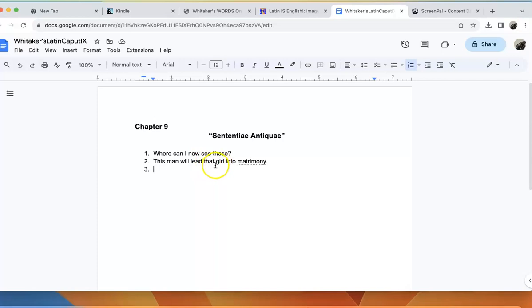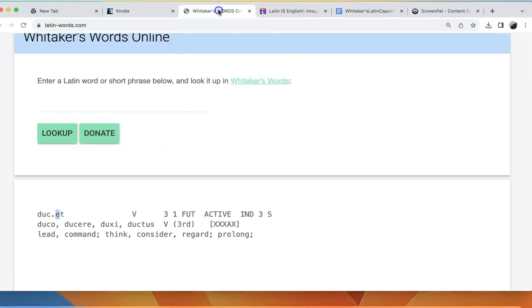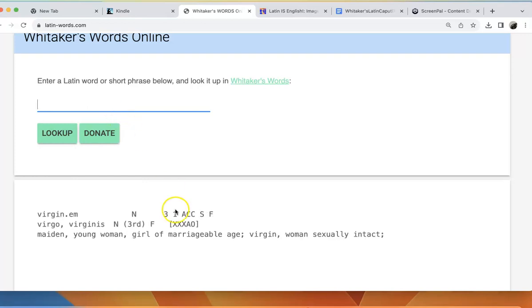If you look up the word for virginem, you might see maiden, or let's look up to see what Whitaker says here. But you just have to choose one. I think girl is the most sensible. Girl of marriageable age. That sounds really weird.